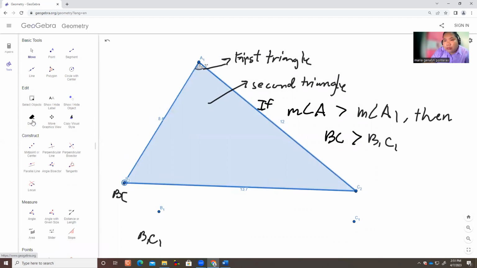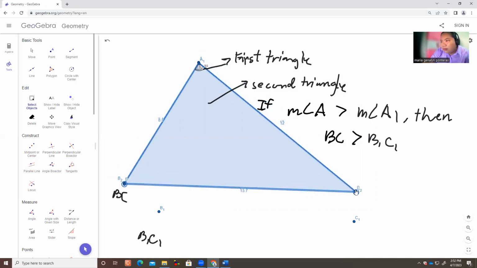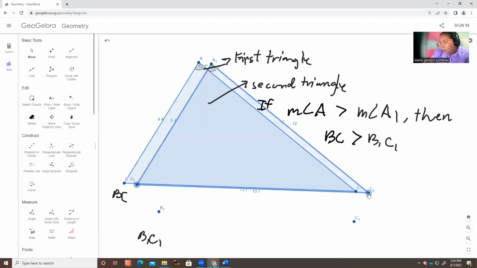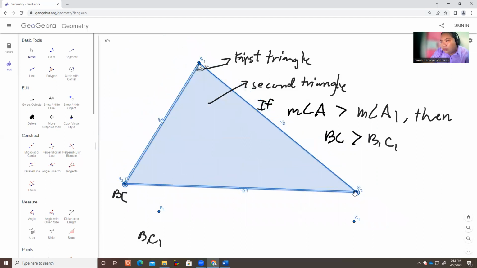Hindi ito yan. Wait lang. No, hindi. Hindi siya move eh. Hindi siya ma-move.